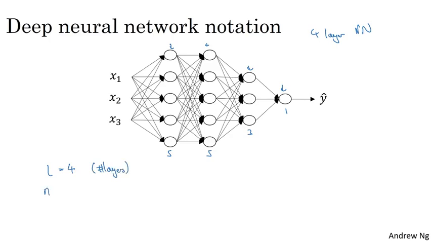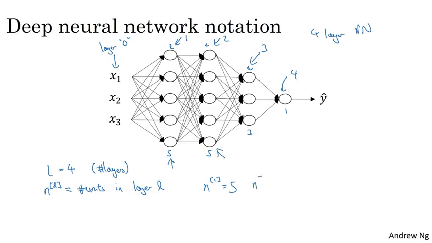And we're going to use n superscript [l] to denote the number of nodes or the number of units in layer lowercase l. So if we index the input as layer 0, this is layer 1, this is layer 2, this is layer 3, and this is layer 4, then we have that, for example, n[1], the first hidden layer, would be equal to 5 because we have 5 hidden units there.